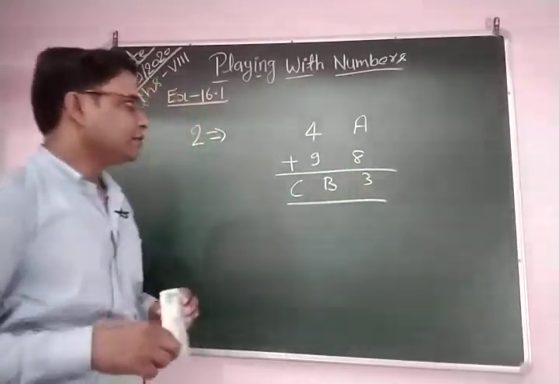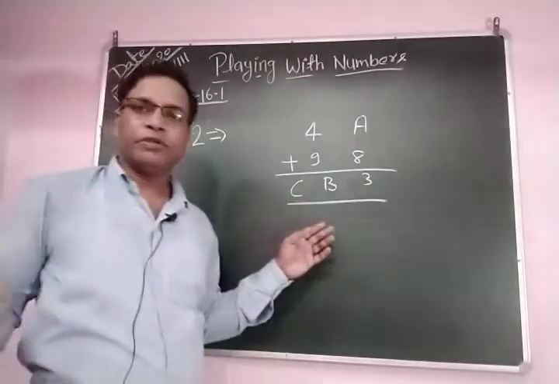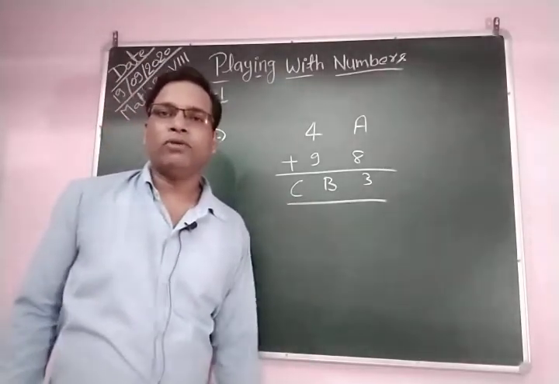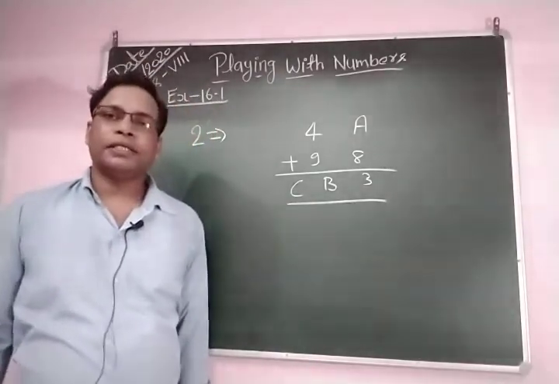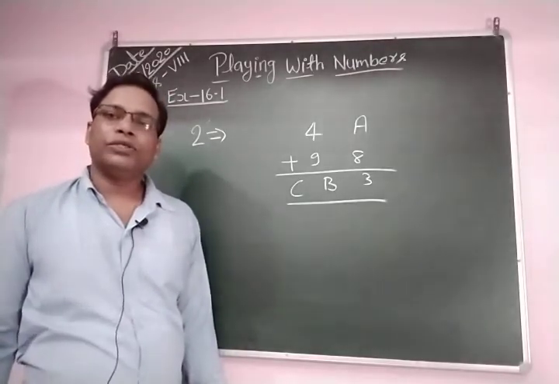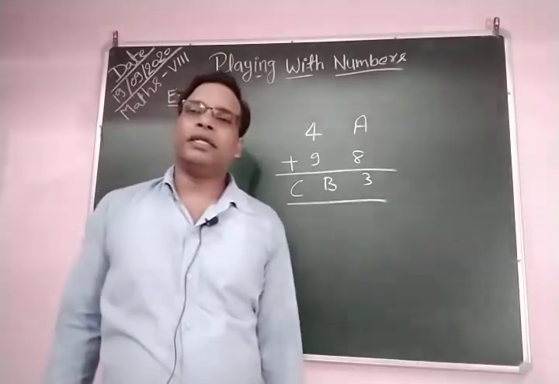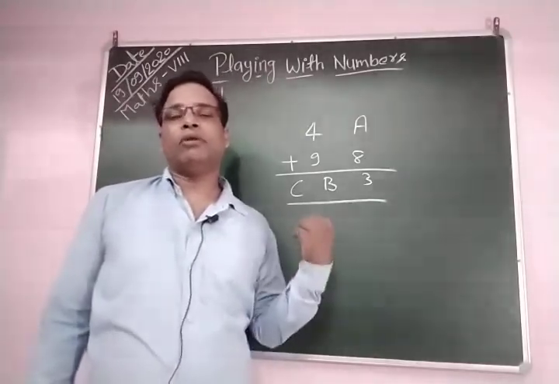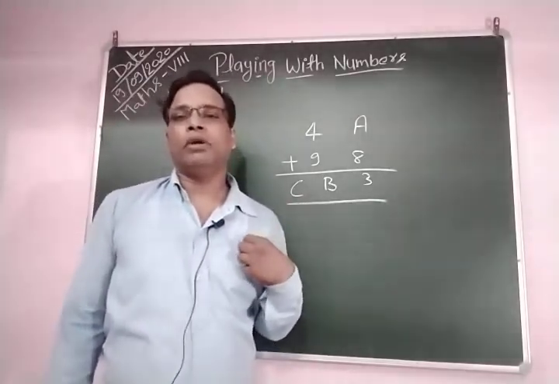So you can see here A, B, C. Here you need to find the value of A, value of B, and value of C. It may be 0, 1, 2, 3 to 9. Any digit may be the value of A, B, and C.